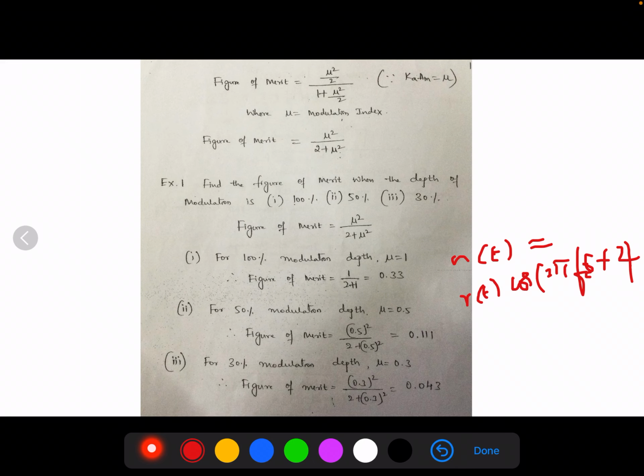The detected message signal is multiplied by the noise, which is random under these conditions. SNRO is difficult to define and it is meaningless. So this is all about the noise in AM receivers.